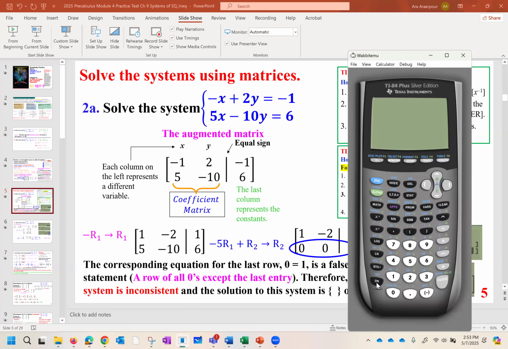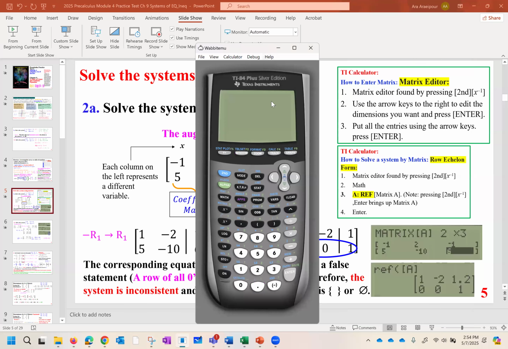So just as an example, if we look at the technology here, just to make sure we know what to do, if you press second and x to the power -1, it gives you the matrix. You can click on the first one, for example, and it brings up the one that I've already put in.